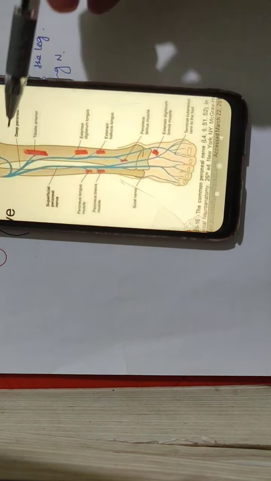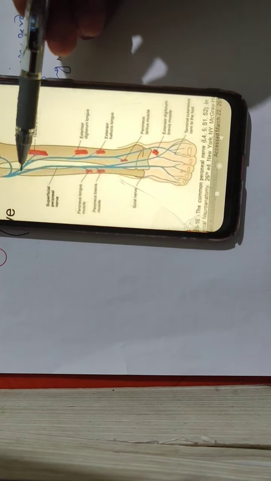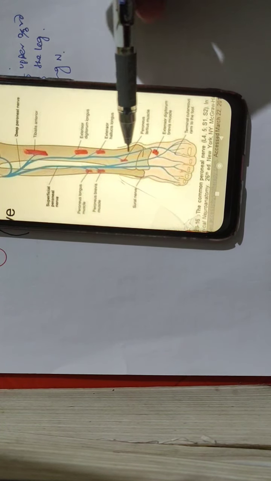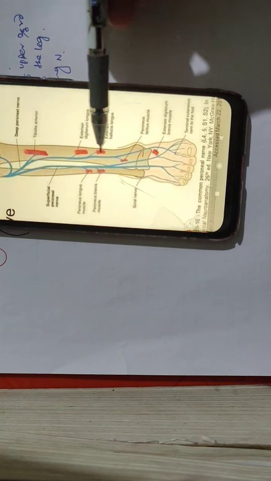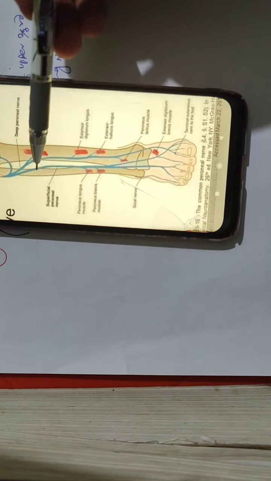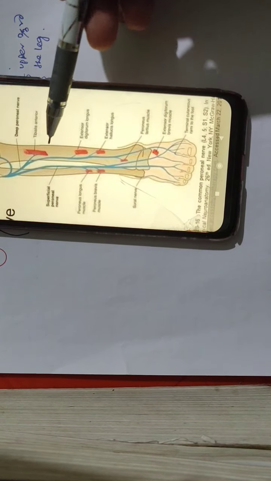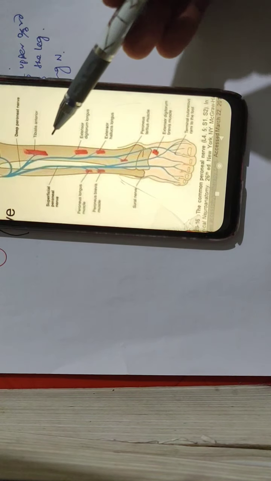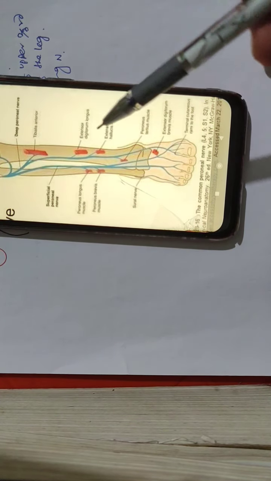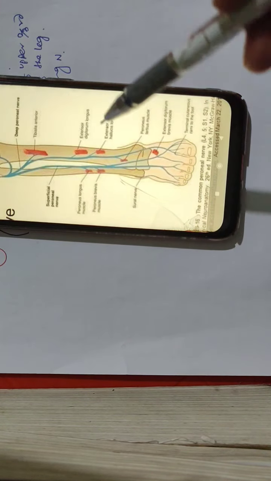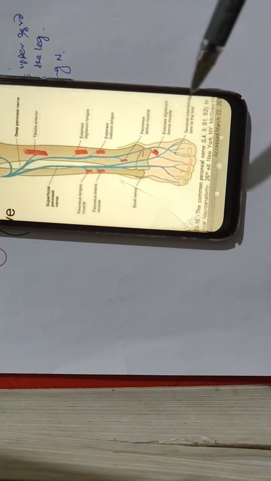Here is the common peroneal nerve. This is the common part of the common peroneal nerve, and it has two parts: one is the deep peroneal nerve, another is the superficial peroneal nerve. Remember that the deep peroneal nerve specially supplies the anterior compartment of the leg, and the superficial peroneal nerve mainly supplies the lateral compartment of the leg.